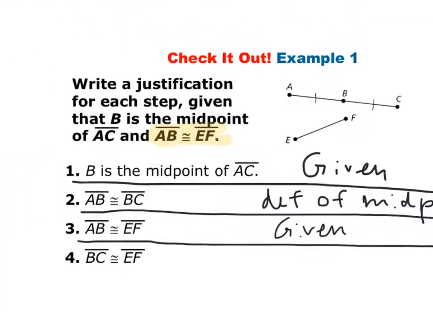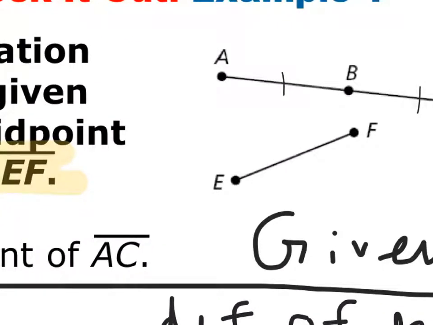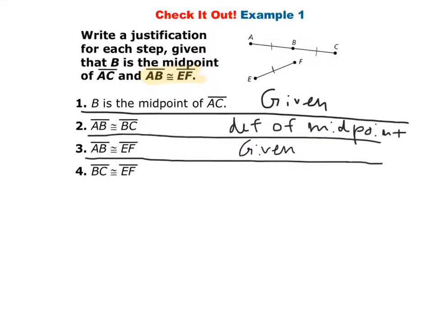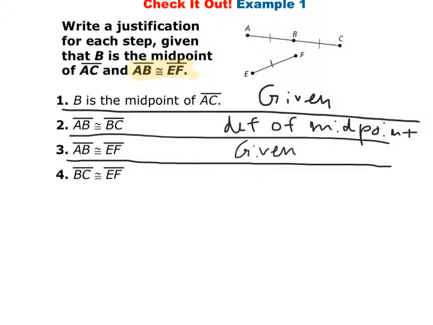So we know that AB is congruent to EF because it's given. So now we can say BC is congruent to EF. What would our reason for that one be? Substitution, right? Because we can substitute. We know AB is congruent to EF, so we can substitute the BC in for this AB. And BC is congruent to EF. So this is substitution. We could also have another reason for step 4.